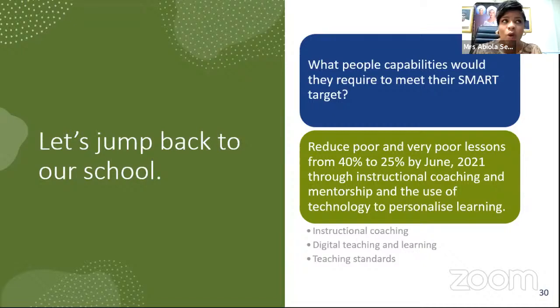So we're going back to our imaginary school. What people capabilities would they require to meet their SMART target? I want you to think about that. Now, look at the SMART goal: reduce poor and very poor lessons from 40% to 25% by June 2022, through instructional coaching and mentorship and the use of technology to personalize learning.